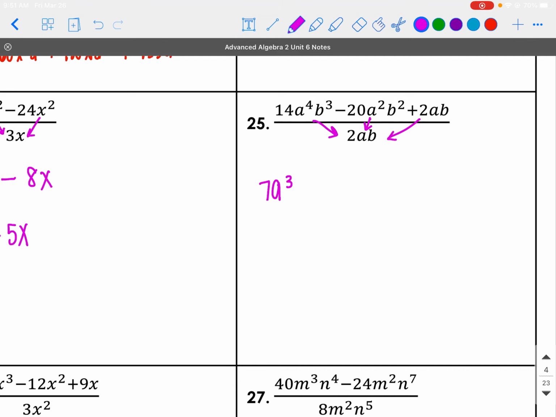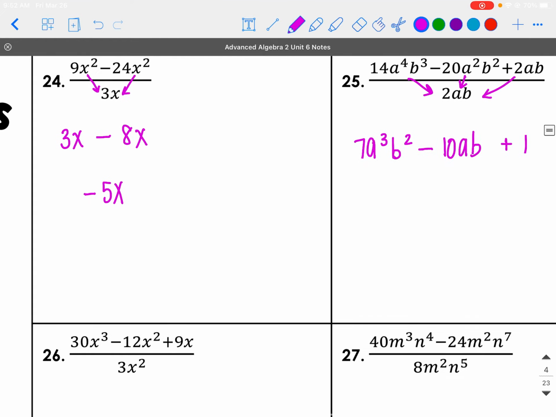And then I've got a cubed, b squared, minus 10ab, and everything cancels. 2ab divided by 2ab, that's 1. Don't just leave that off. If you have 5 divided by 5, that's 1, not 0.